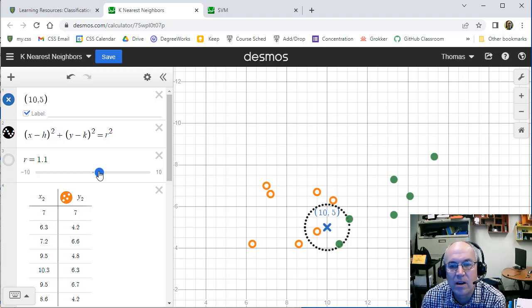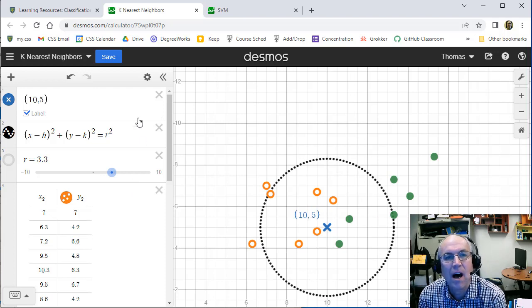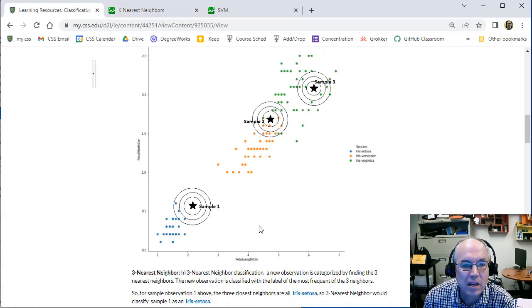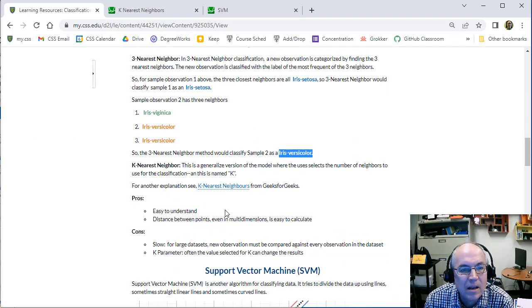When we're looking at 3 nearest neighbors, it is green. But if we go up to 5 nearest neighbors or 7 nearest neighbors, then it's orange again. So that is sometimes confusing for people to try to figure out what's the right k to pick. Okay, so that's k nearest neighbors.